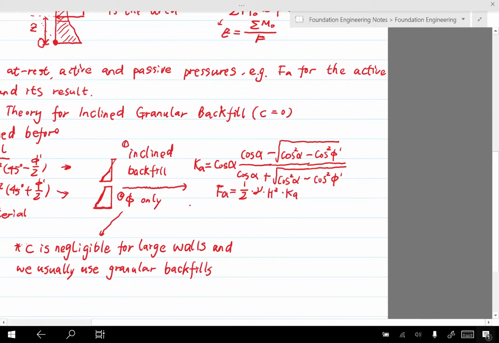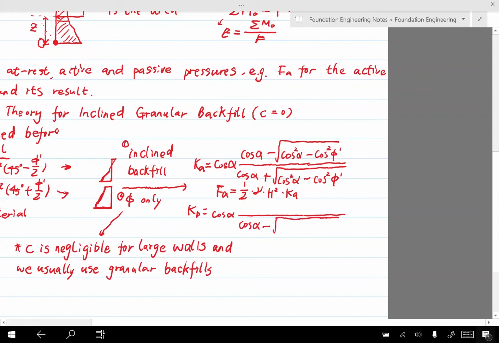For Kp equals cosine alpha, you will see that these two equations are very similar. And the major difference between them is the signs. So now in the denominator, we have a cosine alpha. Now it's minus instead of plus.